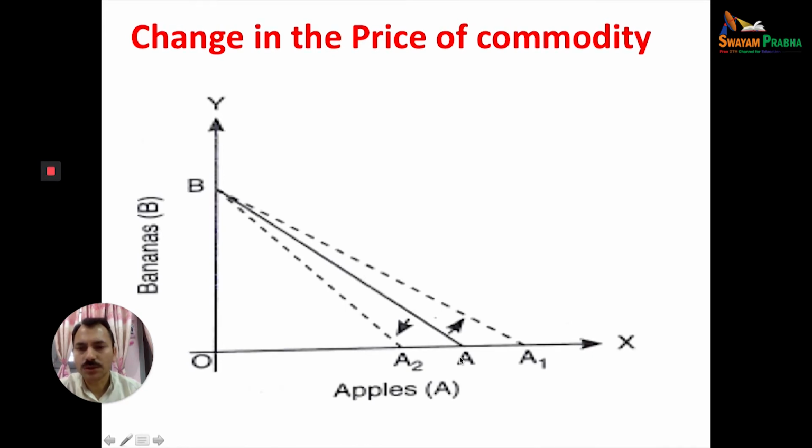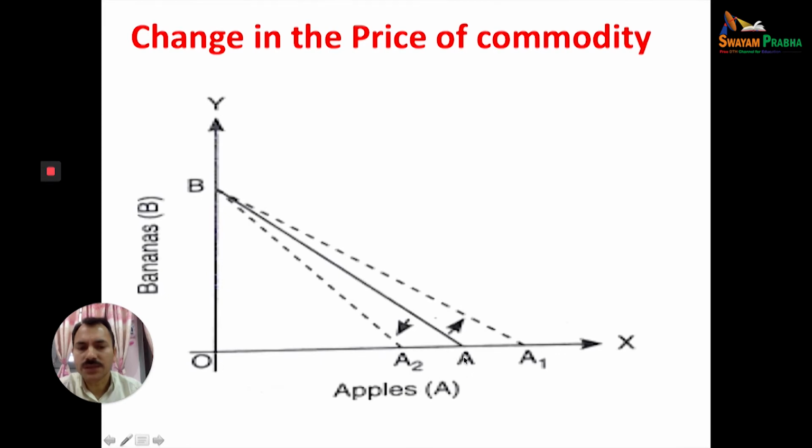Now assume there is no change in the price of banana, but there is a change in the price of apple. For example, the price of apple will decrease. Apple becomes cheaper as compared to banana. There is no change in banana, but apples become cheaper.